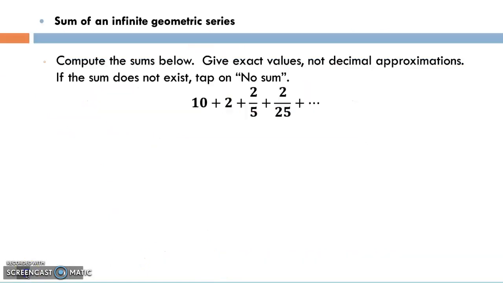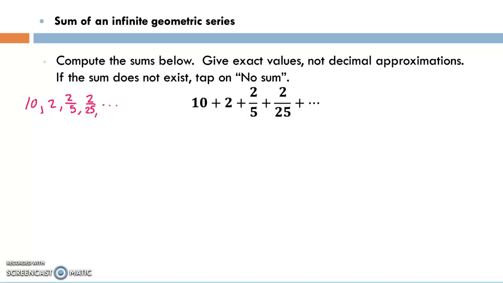Okay, so let's get back to our problem. Here we have an infinite geometric series. We need to find R. R is the common ratio, right? And if we're looking at just the sequence, we get 10, 2, 2/5, 2/25, and then we keep going.